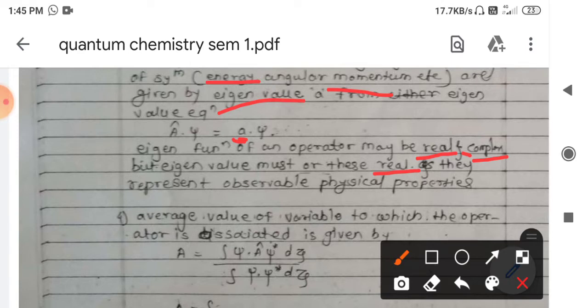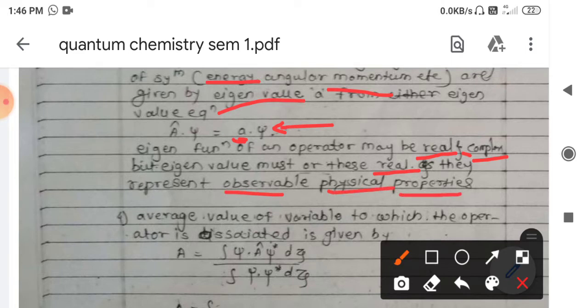I have given one proof that the eigenvalues of given eigenfunctions are real in nature. So we can say that the values obtained are real, and they represent the observable physical properties of a system.